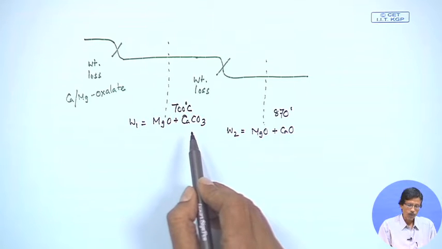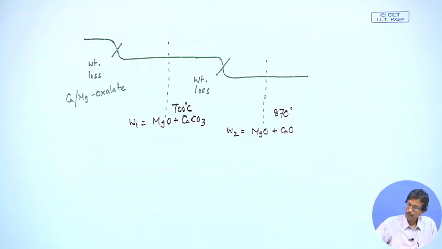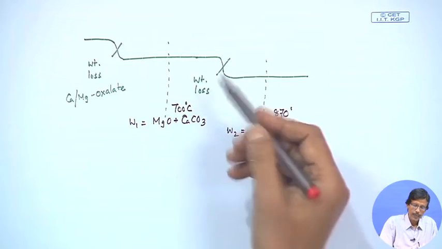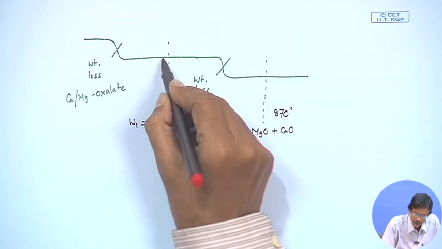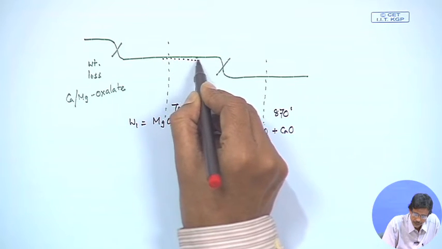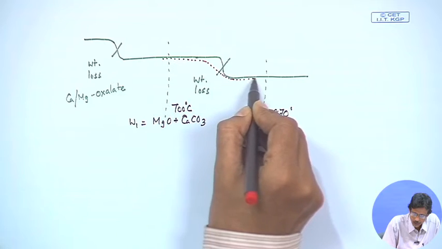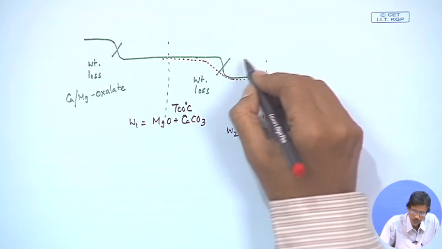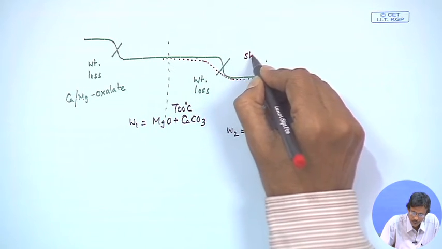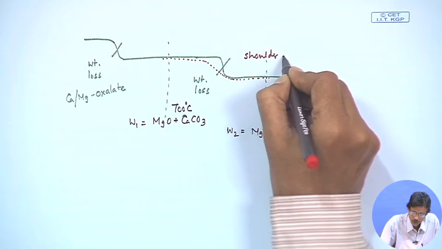But one more important thing is that if we have this particular weight loss at this point, it can sometimes be basically a continuous one with some shoulder. So, we have only the shoulder.